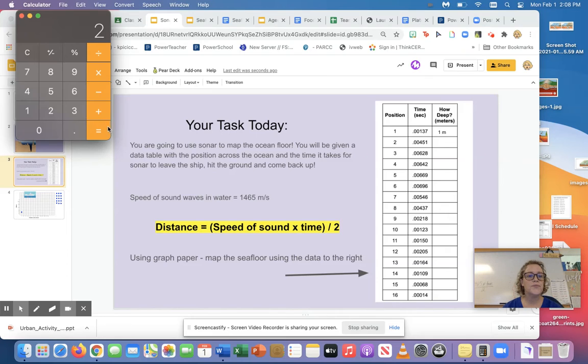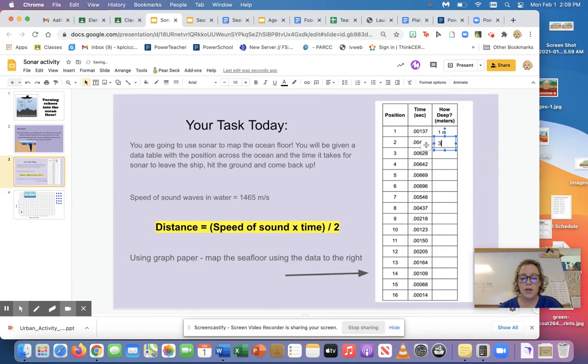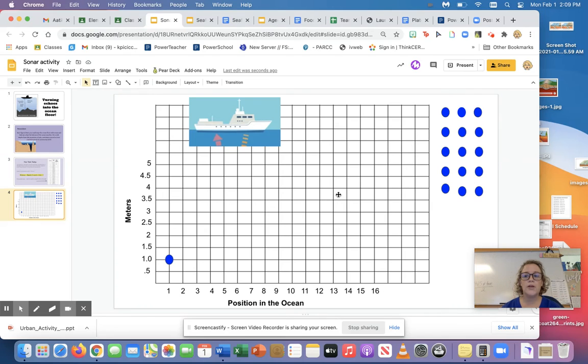If I look at this total number, just one number after the decimal, 3.3. So I come to my chart, and it's 3.3 meters deep. Now I'm going to put a dot at position 2, 3.3 deep. I'm going to take my dot and go down to position 2, see how it's a different line, and then go up to 3.3. 3.3 is between 3 and 3.5, so it's going to go right here.